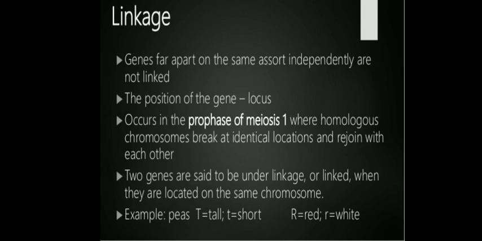Linked genes may be together on one of the autosomes or on the sex chromosome, while genes on different non-homologous chromosomes are distributed into gametes independently.